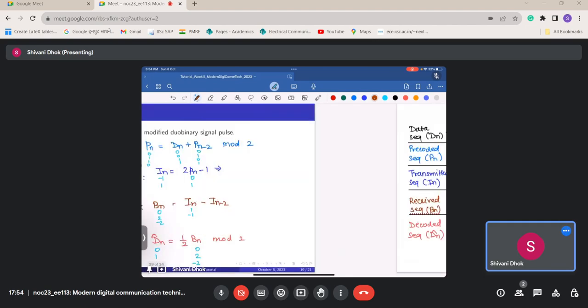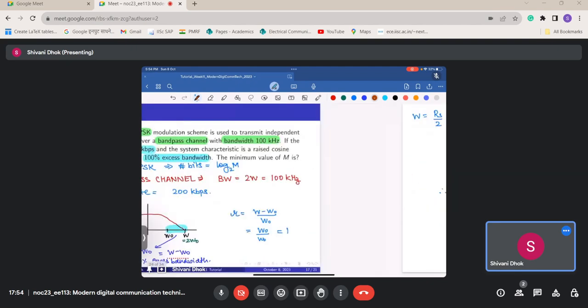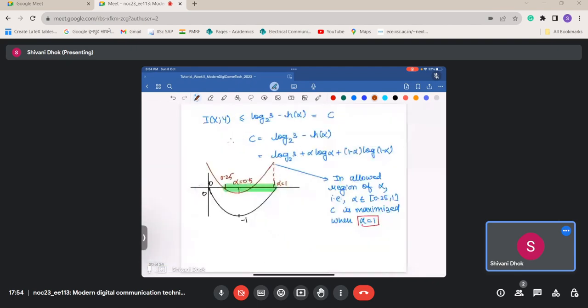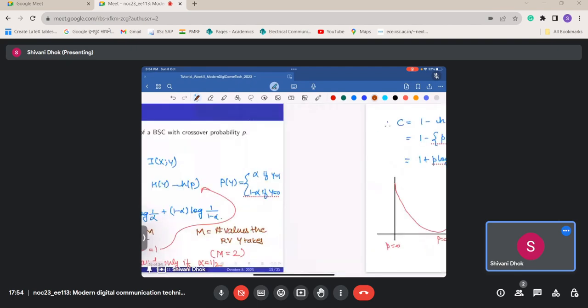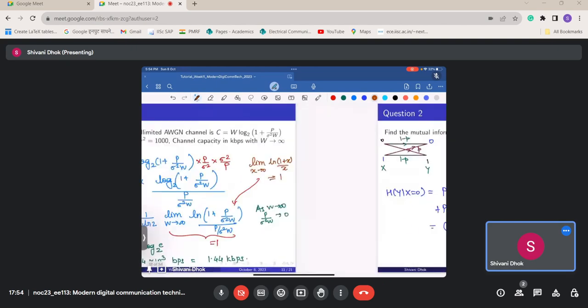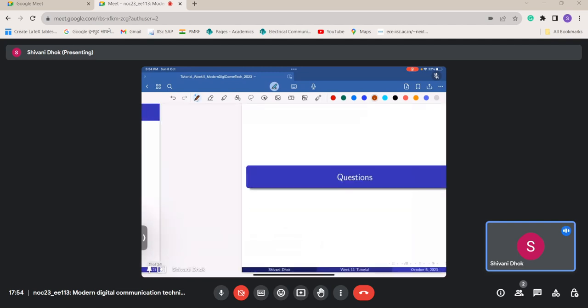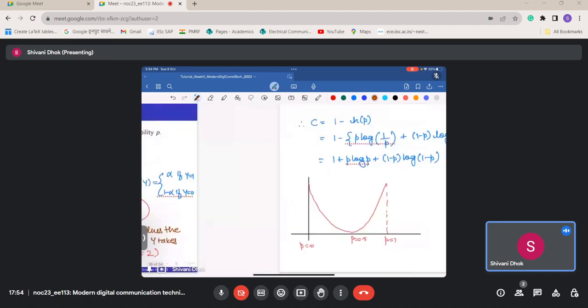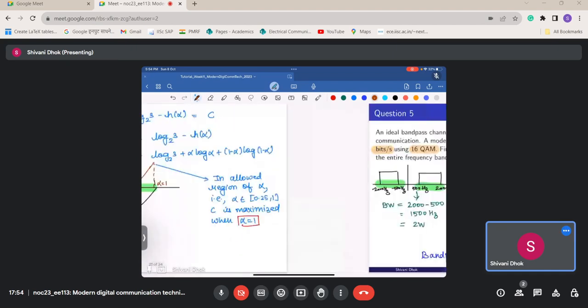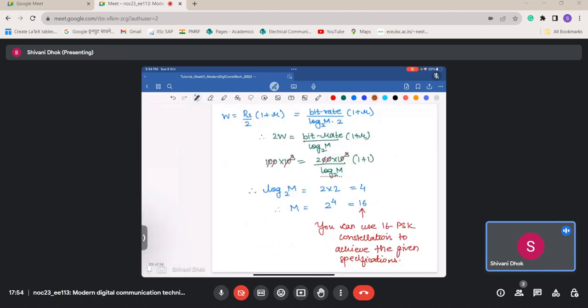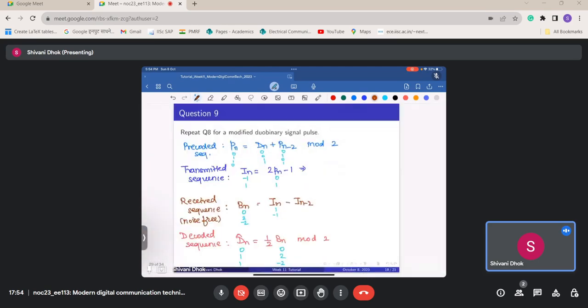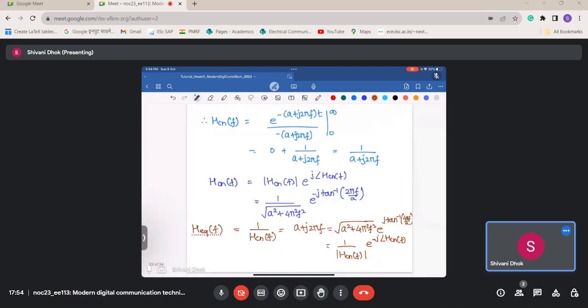This is the same equation we had seen earlier for our zero forcing equalizer. So this is what we wanted to derive in this last question.